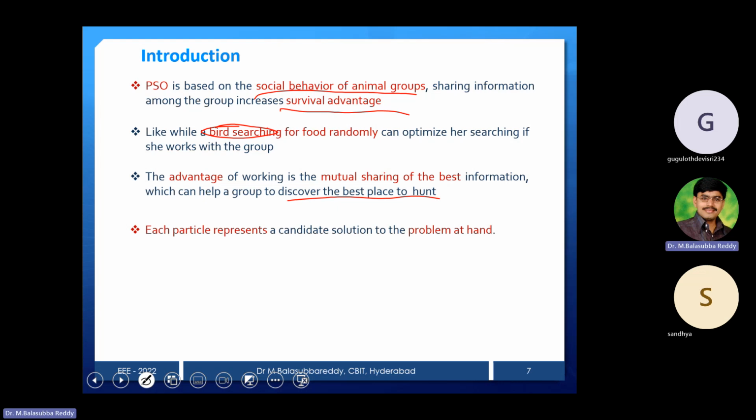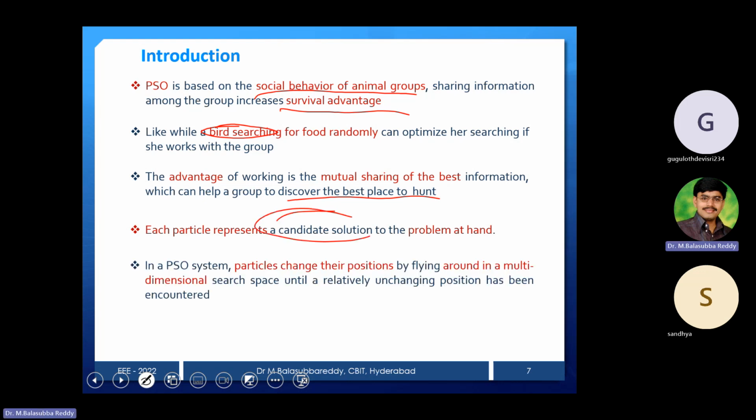Each particle represents a candidate solution, also called a P-best. That's what we can see. In the PSO system, particles change their position by flying around, because they are birds or animals. They are always hunting for food, and change their position by flying around a multi-dimensional search space.